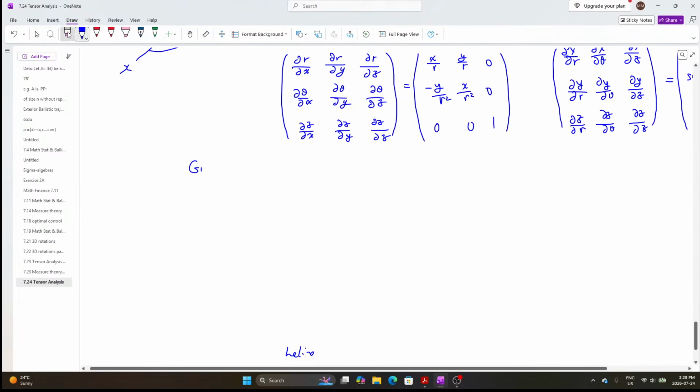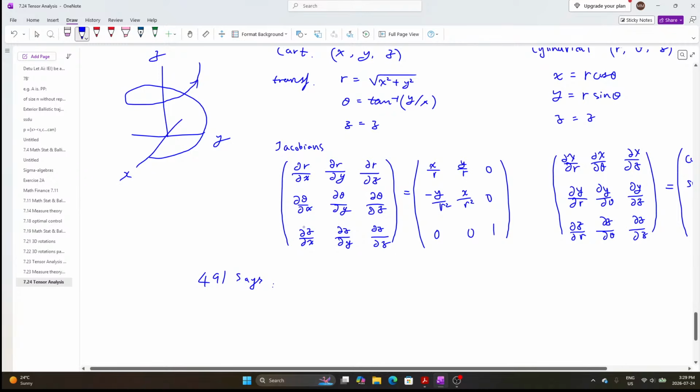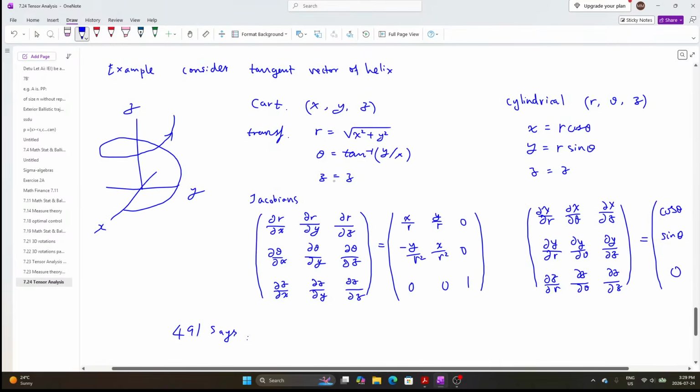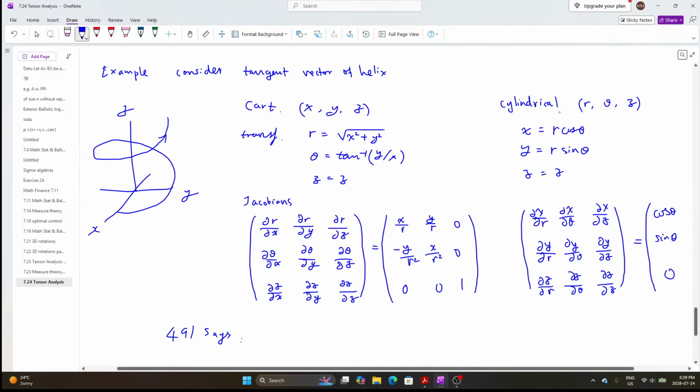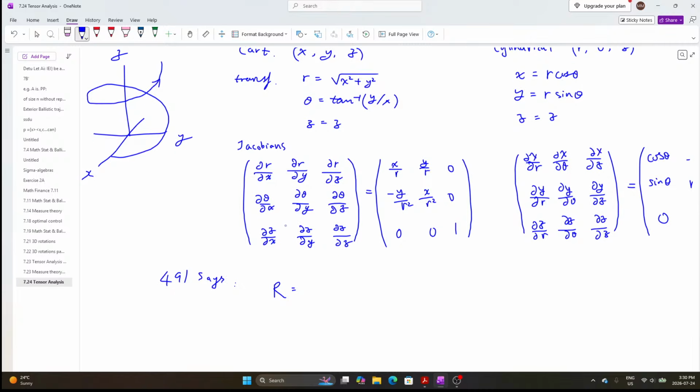What does 491 say? You're transforming from x, y, z to r, theta, z. So big R is what? It should transform according to the forward Jacobian.